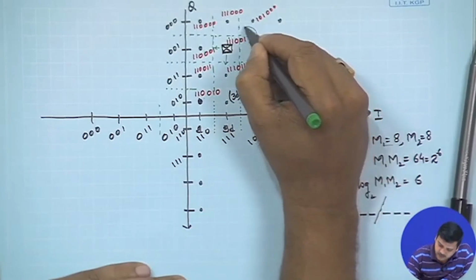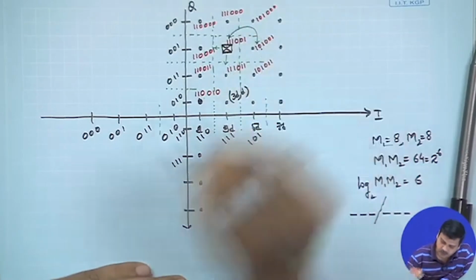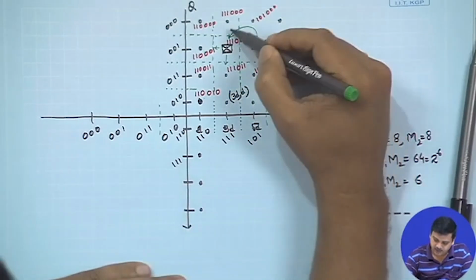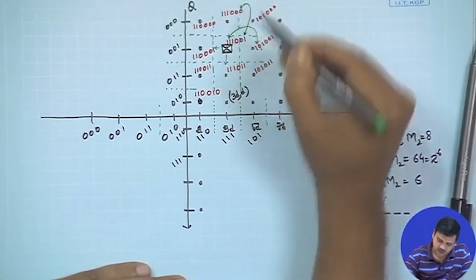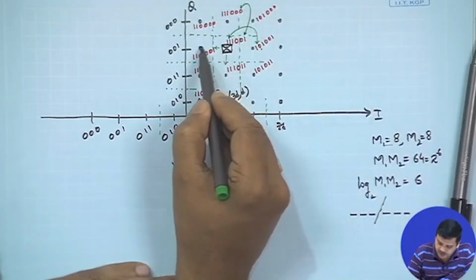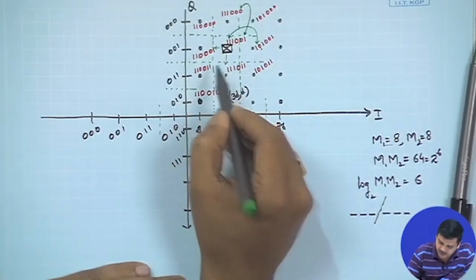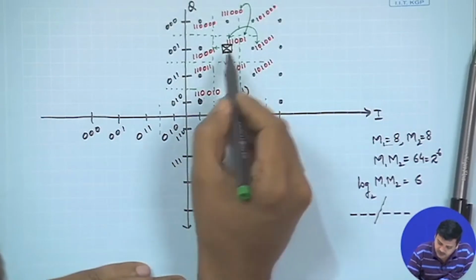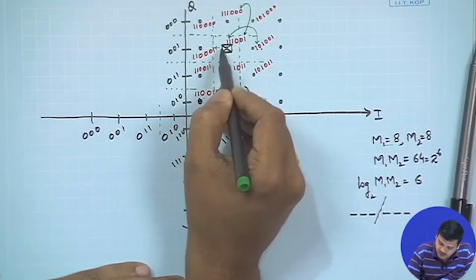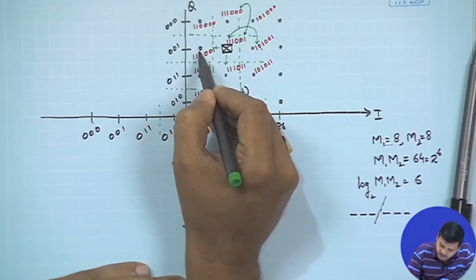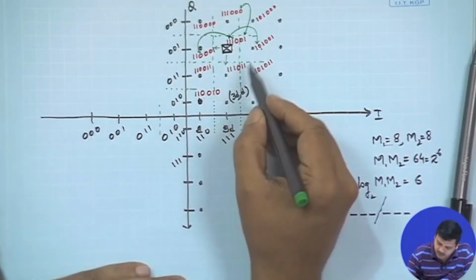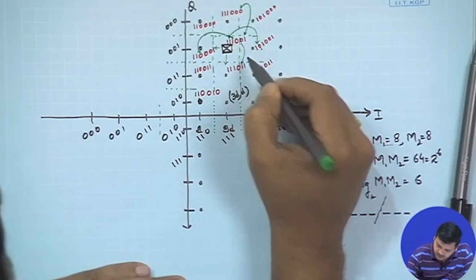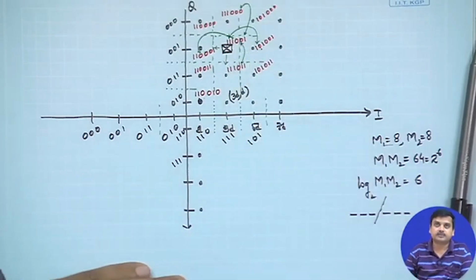This 0 is a 1 in this case, right. And if we compare these two, we will find that this 0 is a 1, and again if we compare this with this neighbor, we will find that there is a difference. This is 0 0 1, this is 0 0 1, it differs in this particular bit.